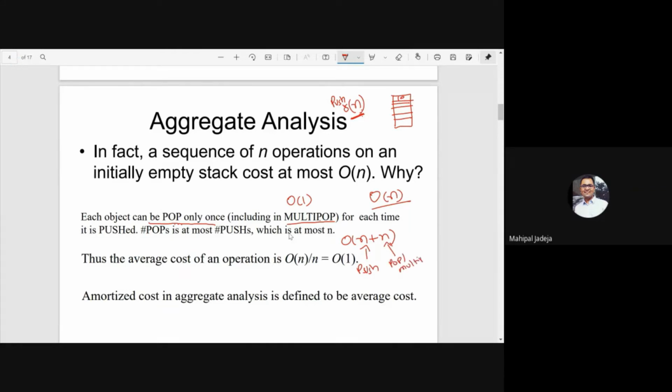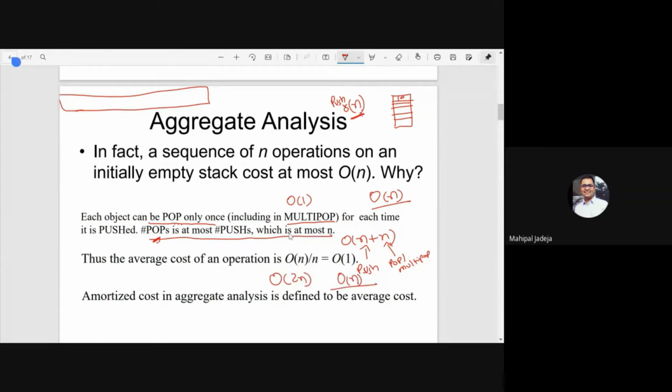Do you agree? Irrespective of which sequence of these n operations I'm considering, this relation will be true. So pops are at most pushes, which is at most n, and this pop is simple pop as well as multi-pop. So I can say the total complexity of these n operations is order of 2n, which is order of n.